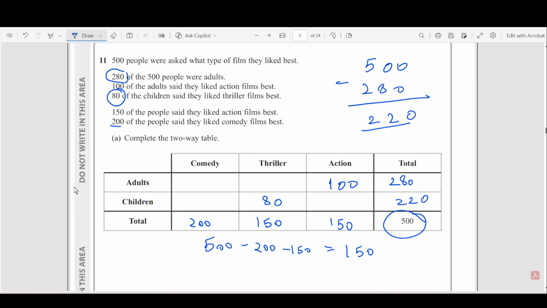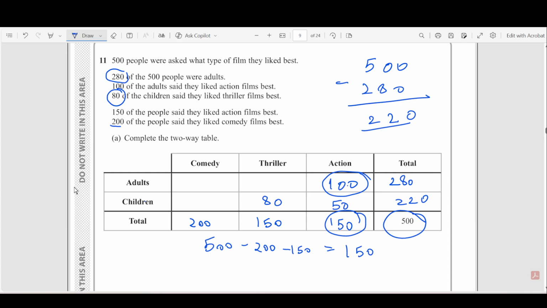Okay, let's try children who like action. Actually, you can see total action is 150, of which adults are 100, so the children are going to be 50, 150 minus 100.